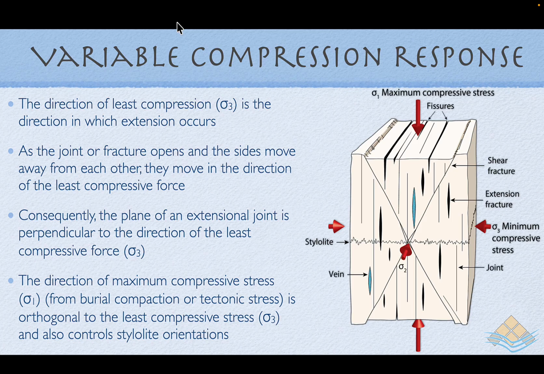So we form joints, we form extension fractures, and we can also infill some of those extension fractures with cements, typically in a carbonate with calcite or dolomite cements, to make veins.